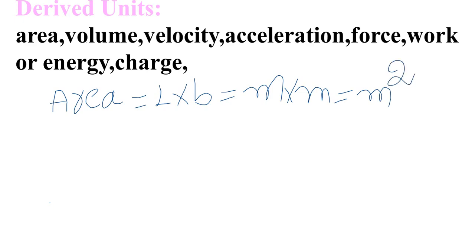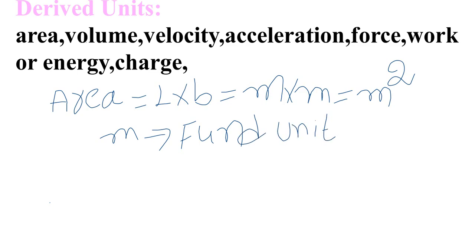Here meter is the standard unit or fundamental unit. Here length depends on this fundamental unit length, and area depends on the fundamental unit length. So this area is a derived unit and it is a derived quantity, like this.